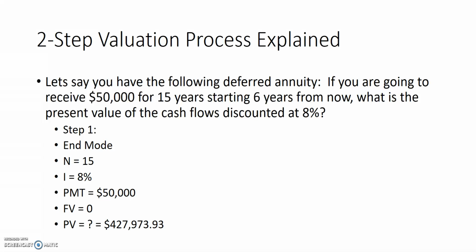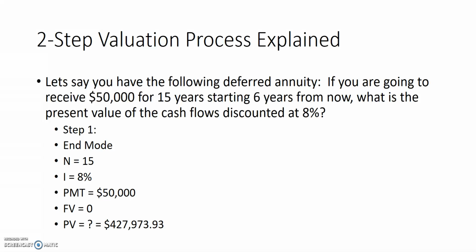The payment to be received, because an annuity is a series of equal payments, so that's why it's classified as a PMT, is going to be $50,000. So we put all this into our financial calculator and we get a present value of $427,973.93. That's our present value of that annuity based on what we're given now.